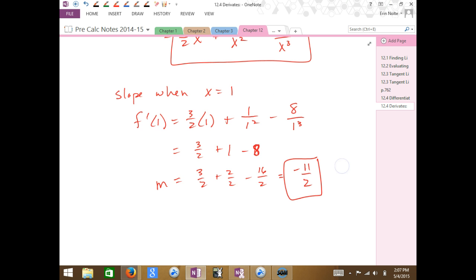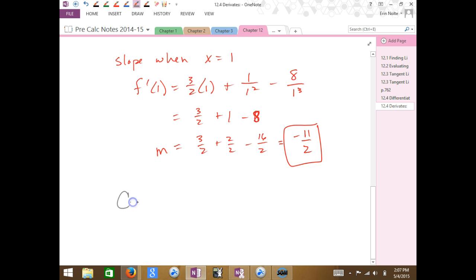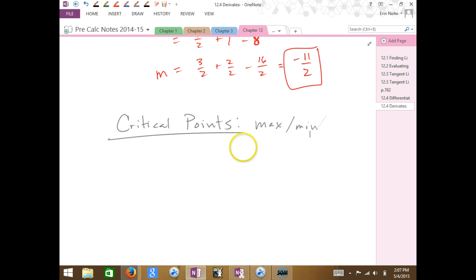Okay, so the second half of this is being able to find a critical point, or critical points. This is actually really cool, I think. A critical point is either a maximum or a minimum. So think about this. Let's say, for example, I just had a parabola.